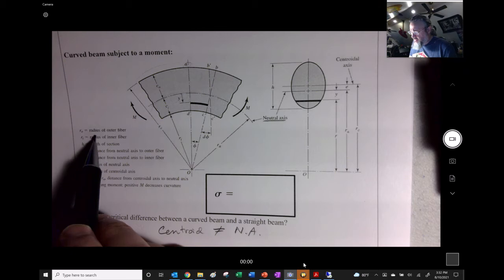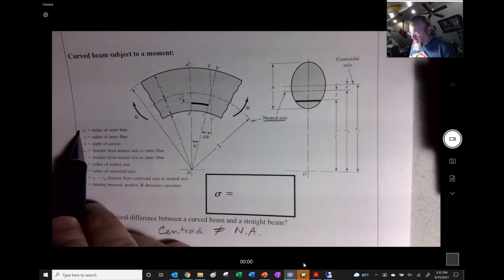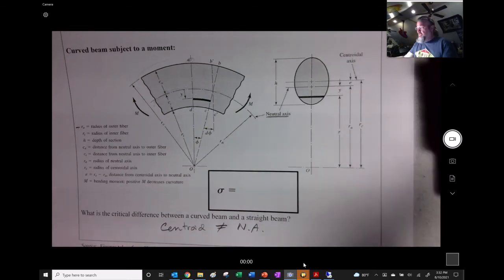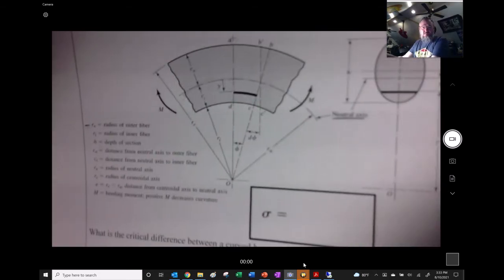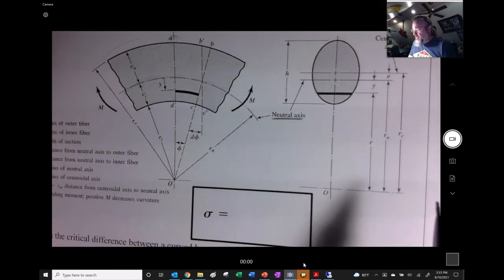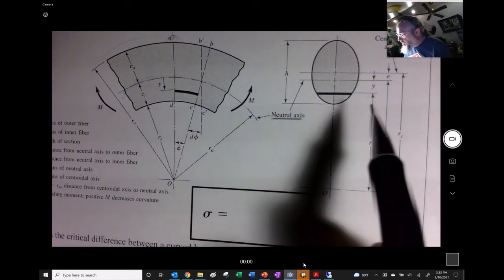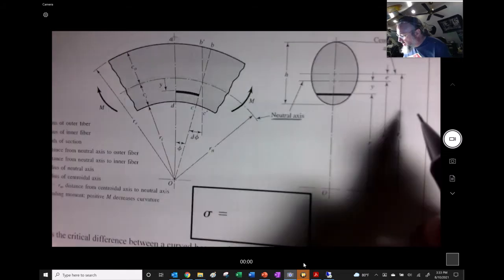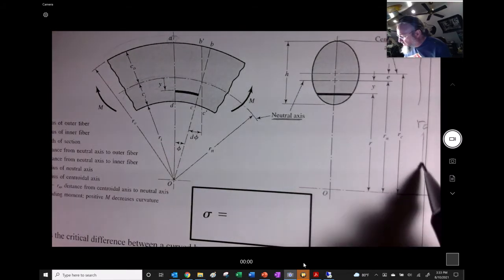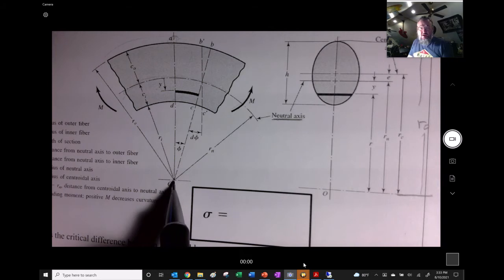So some of the geometry, things that we might already know, we're probably going to be given. We're probably going to be given that we have the outside radius, the outer radius, right there. So I have these two right next to each other. This is not drawn on there, but RO is going to be all the way out there from the center of the curvature, right?